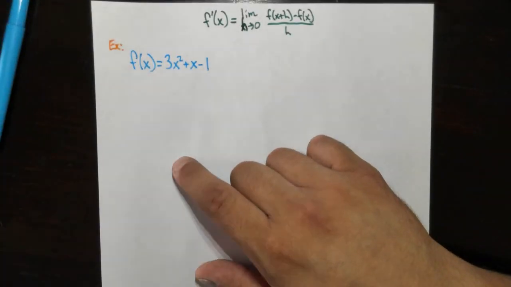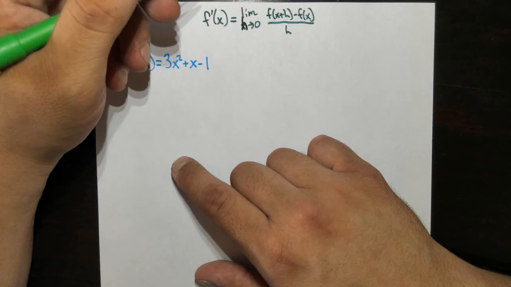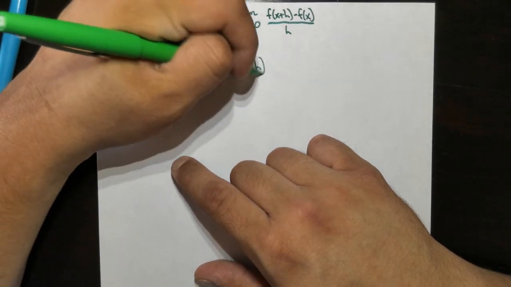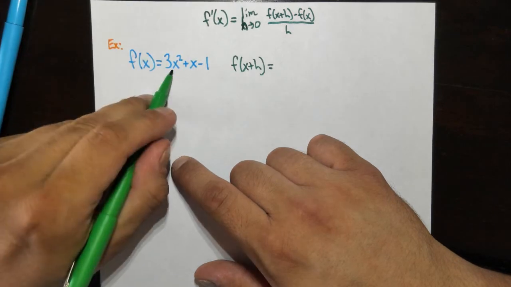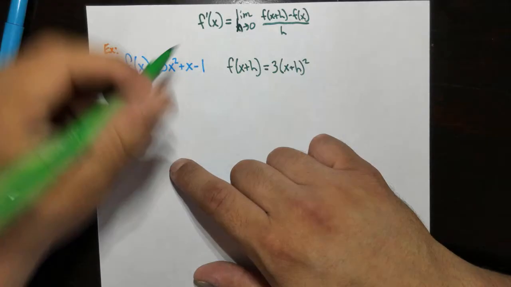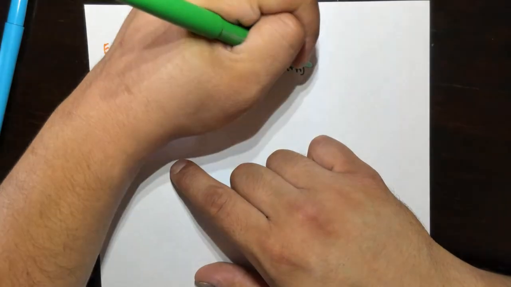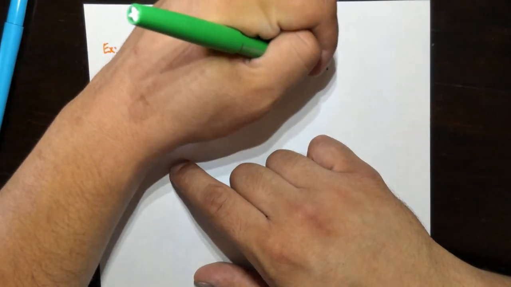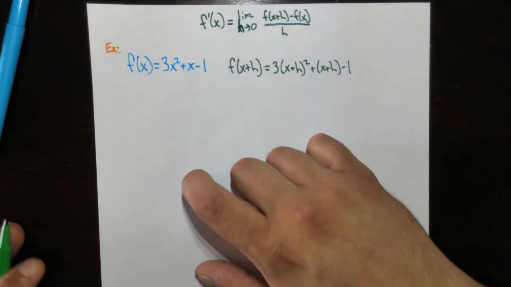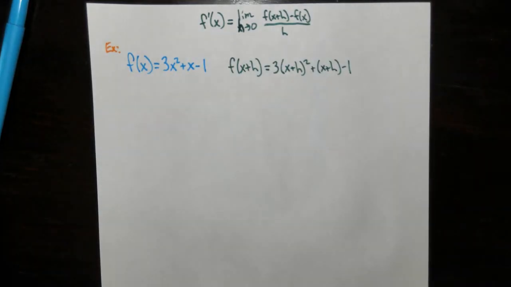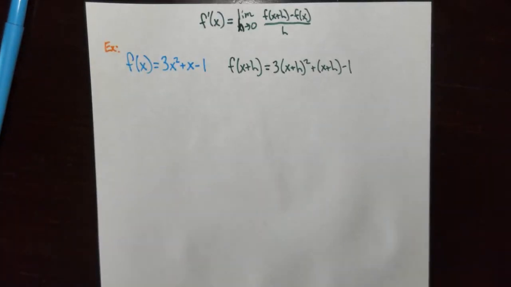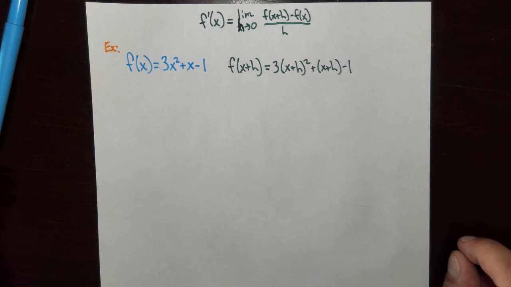So f of x plus h is going to equal 3 times (x plus h) squared plus (x plus h) minus 1. And as you can see, this is going to be a real fun one to do with these three terms. So I guess we just got to dive right in.